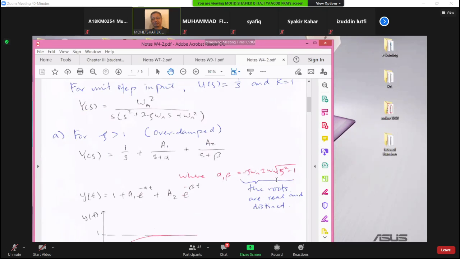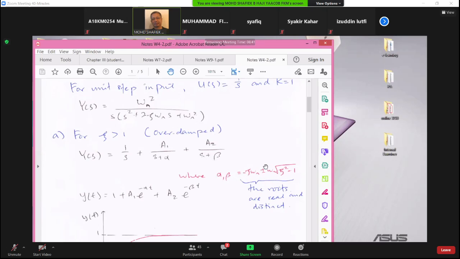But for complex roots, zeta is less than 1, so this is going to become a complex number. We are not interested in zeta greater than 1. For damping ratio less than 1, there is going to be a complex part of the roots. So the real part of the root is minus zeta omega n.